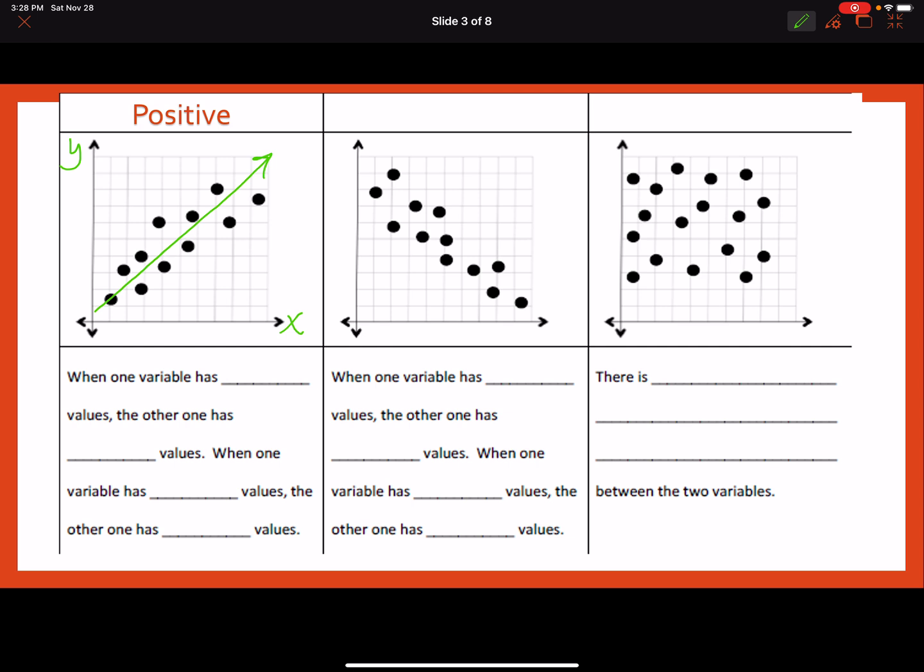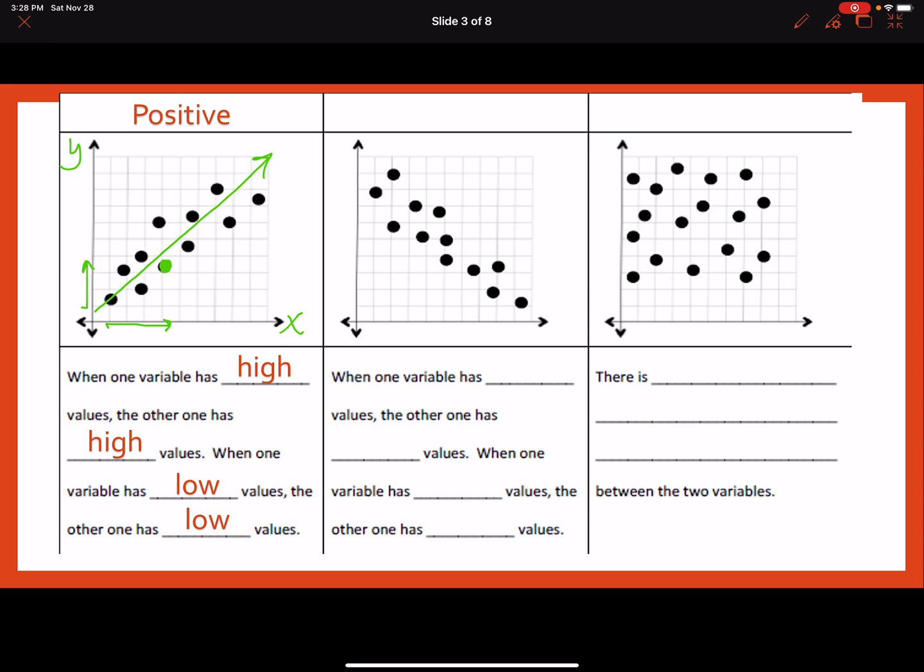So there's a positive trend occurring. So we can say when one variable has high values, the other one has high values as well. When one variable has low values, the other one has low values. If I were looking at this point right here, as x is increasing, y is increasing as well.